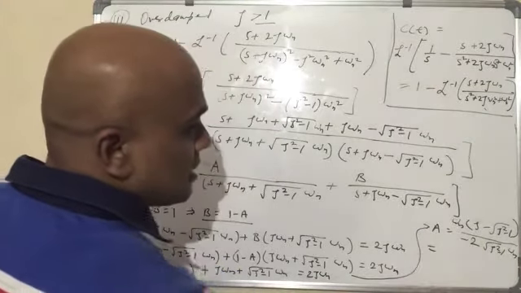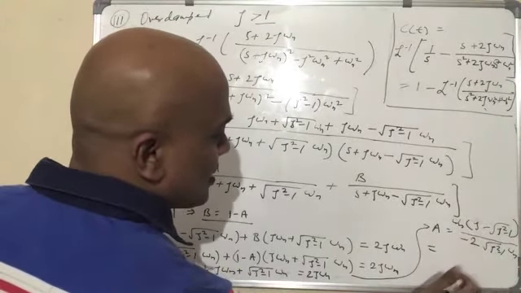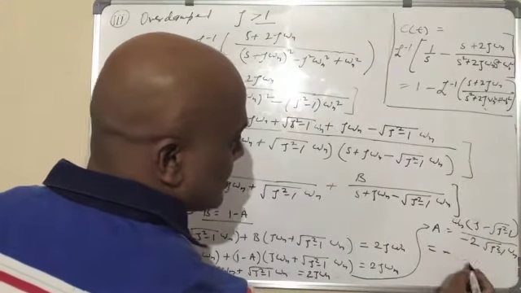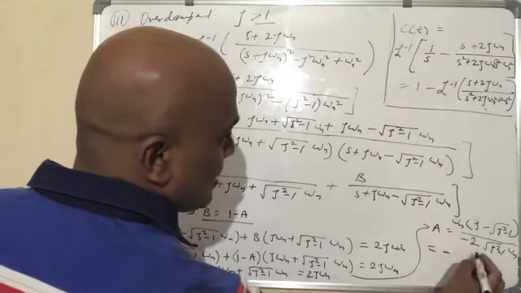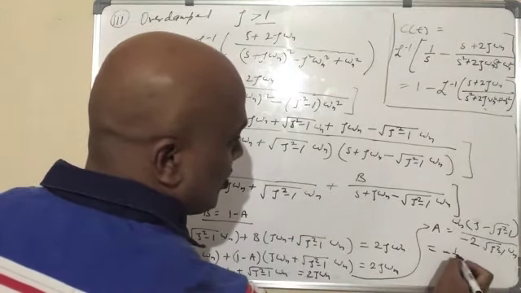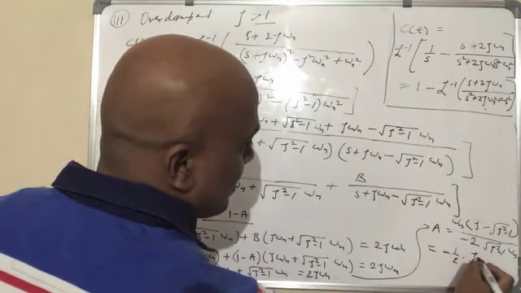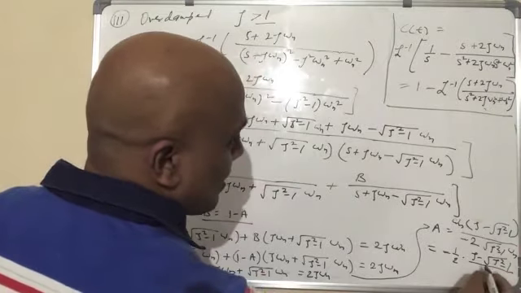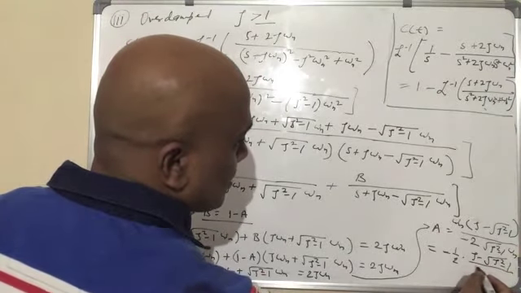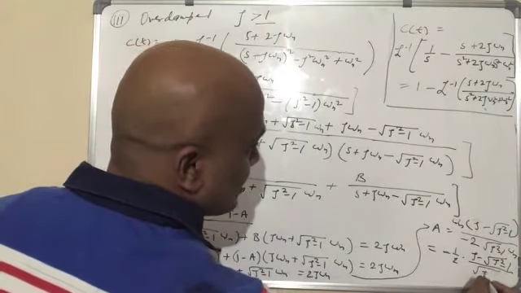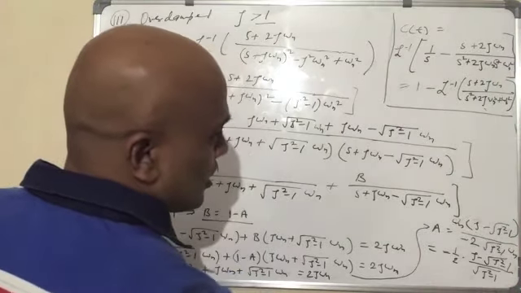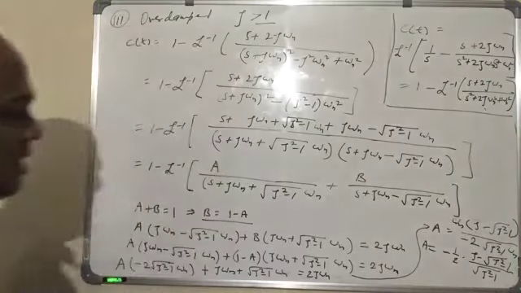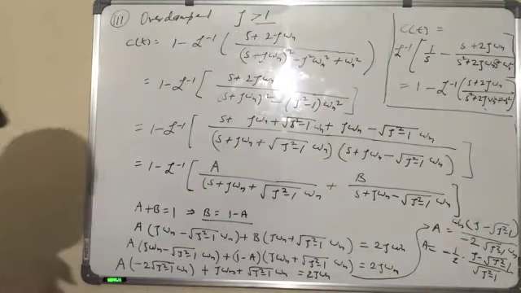So what we get? Omega n cancels out, and we get minus value first of all, and then we get 1 over 2, and then we get zeta minus root zeta square minus 1 divided by root zeta square minus 1. So this is what the value of a is, yeah.